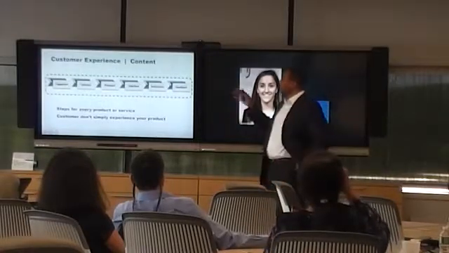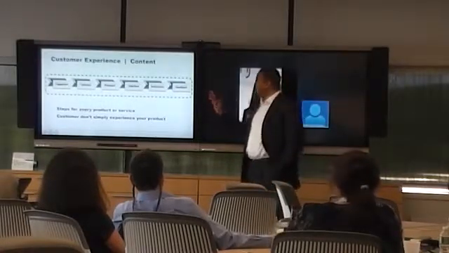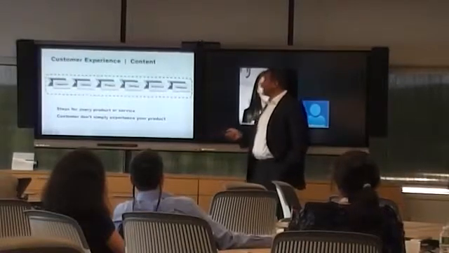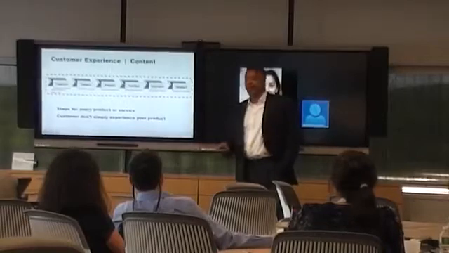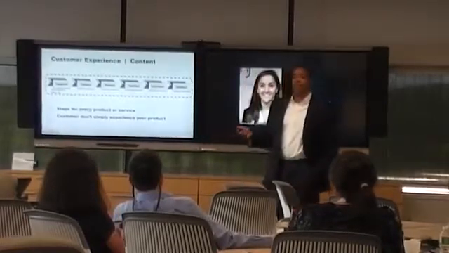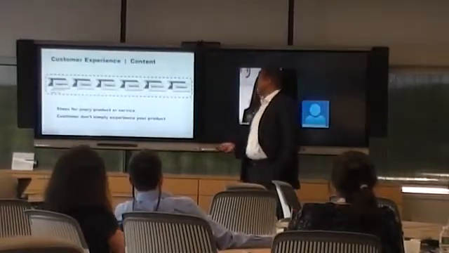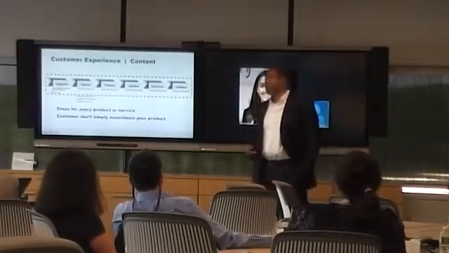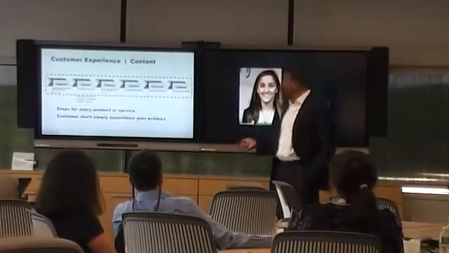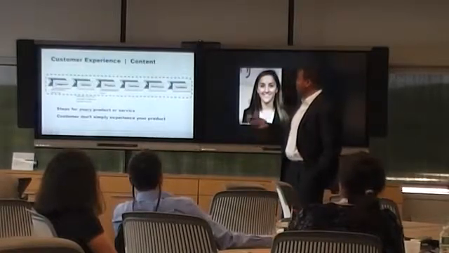If we think of this from a content perspective, you have engagement, which is: which platform is the customer going to take our content on? When are they going to take this content? How are they going to take this content? From a delivery perspective, how easy is it for the customer to actually receive this product or service? The product is the product itself, that will be the content.